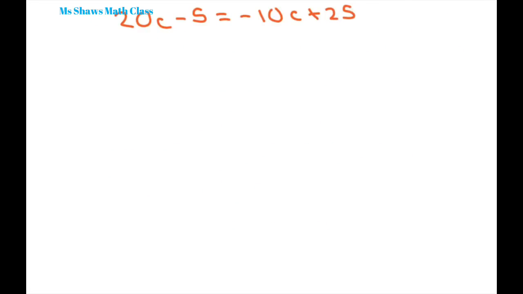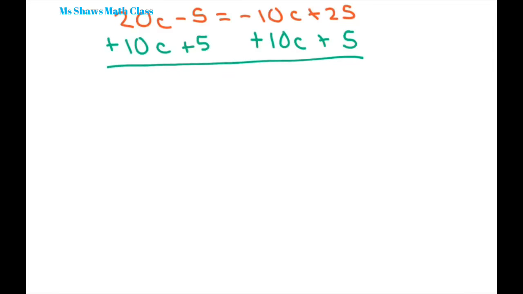And on the last problem, we're going to do the same thing. This time we're going to add 10C to both sides. So we're using the addition property of equality. We're also going to add 5 to both sides. All right. So this is going to give us 30c plus 0 equals 0 plus 30.